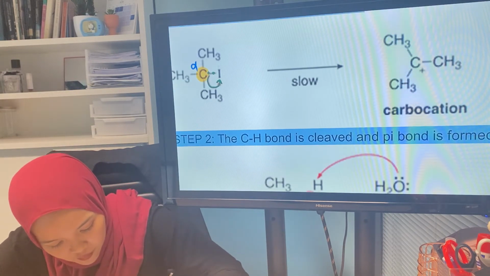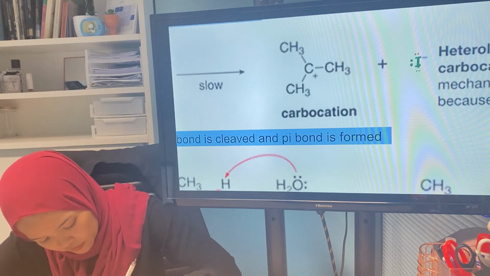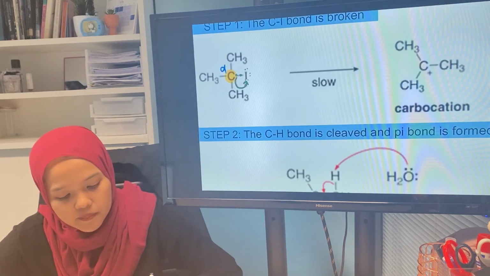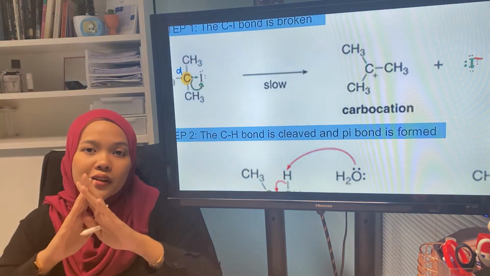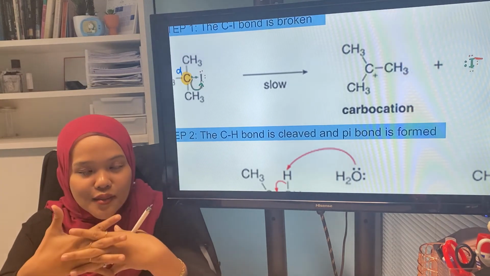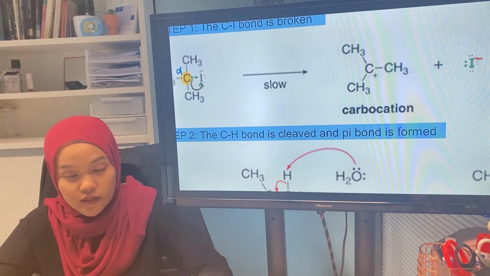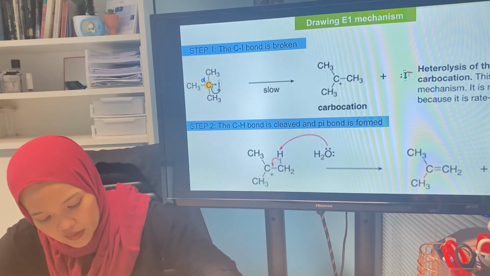Actually, you already have 3 here. Like that. So now it becomes I minus, and it forms the carbocation. Remember, the goal of the first step is to form a carbocation as the intermediate. So that is why it is going to be like this.